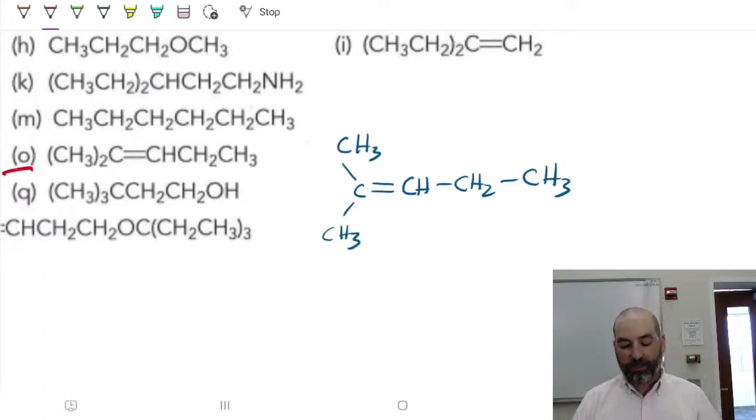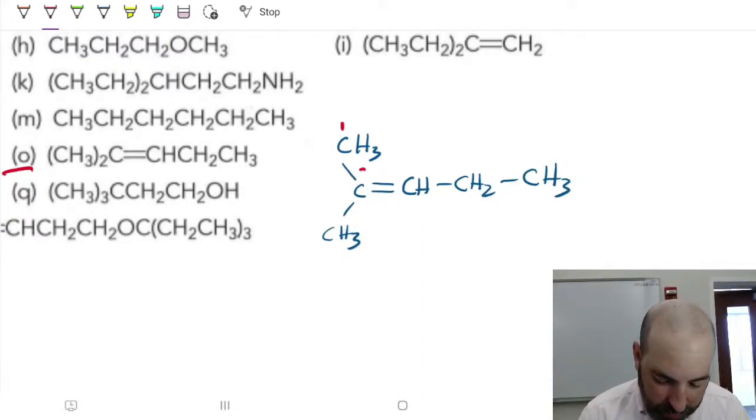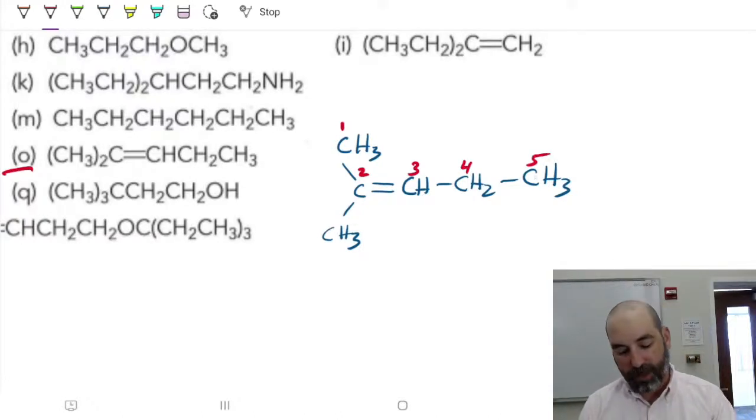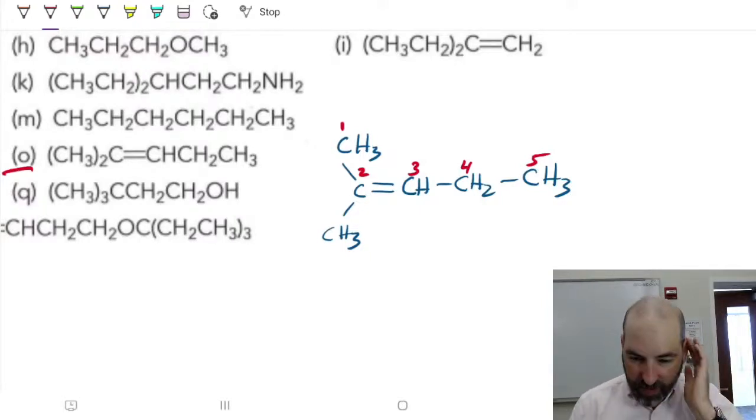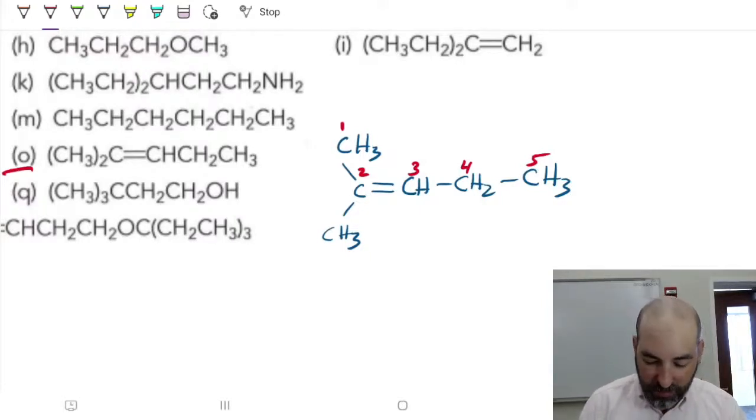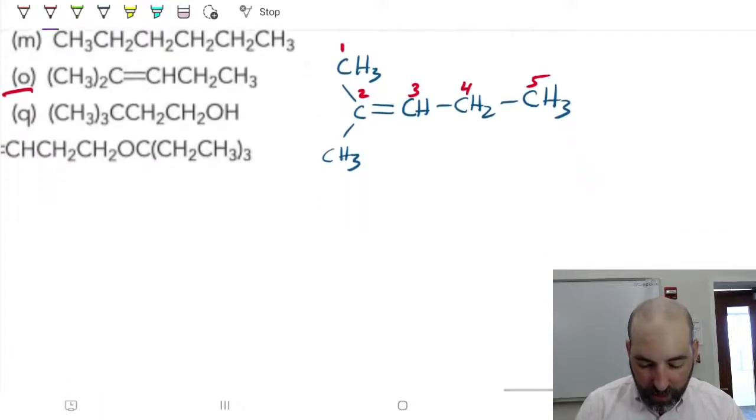So how many carbons do I have continuous in a line? That's like 1, 2, 3, 4, 5, right? Now, could I have just done 1, 2, 3, 4, starting with what we've got number 2, and then add the other ones on from there? Sure, that's fine. But I've got 1, 2, 3, 4, 5. So that means I can do a 5-carbon zigzag. 1, 2, 3, 4, 5.